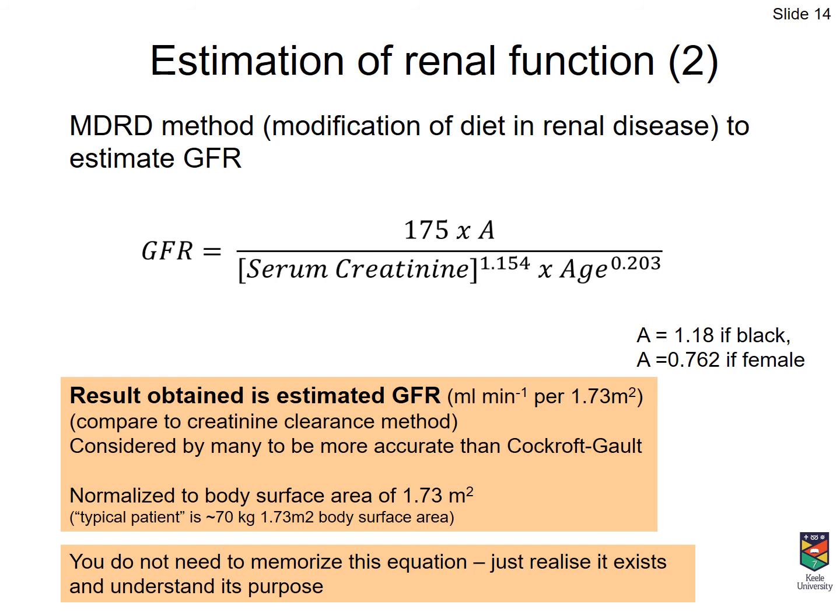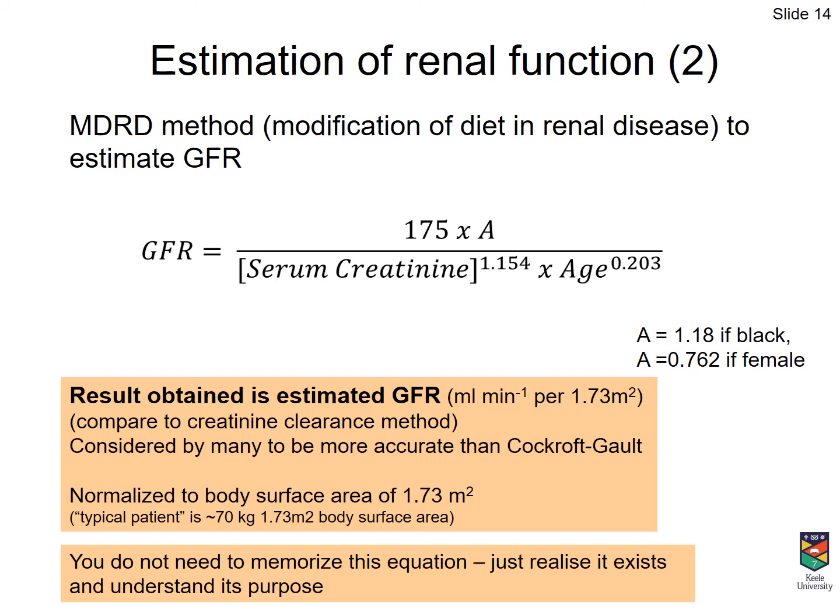And they're very similar, but they are also subtly different. And different equations are used in different circumstances. For those of you on the MPharm program, you do need to worry about that, and the clinical team will deal with that for you in subsequent years. For those of you who are not in the MPharm program, you just need to know that these two different equations exist and they can be used to estimate kidney function.